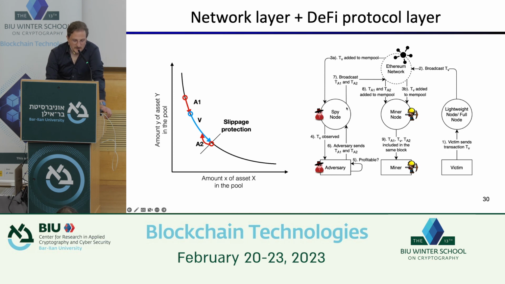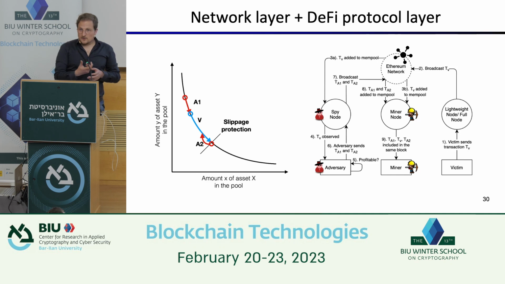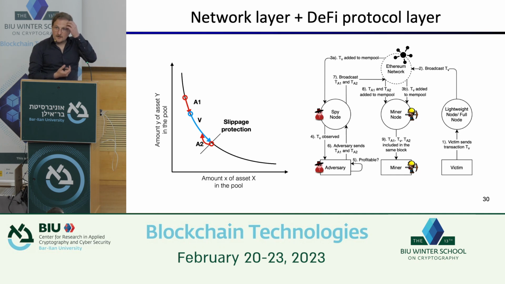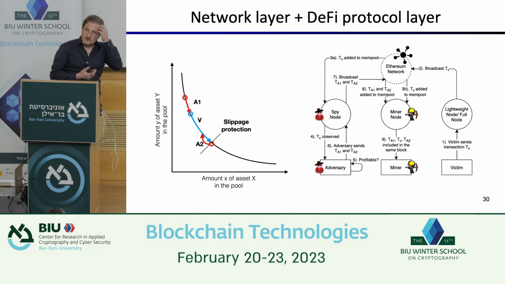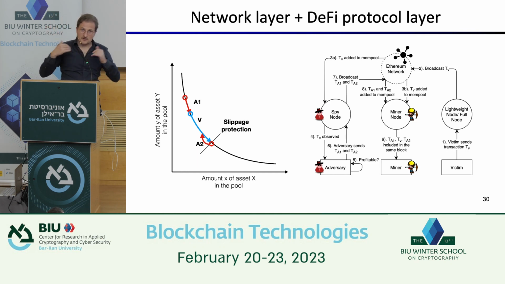What I call here a spy node for the adversary is a node that has more TCP connections than an average Ethereum node. An average Ethereum node has, I think, about 50 TCP connections in the network. If you run a spy node, you may have between 500 to 1,000 TCP connections with the intent to receive transactions as early as possible, right? Every second, or millisecond really, matters here, so that the adversary has time to construct the sandwich and to also send out the sandwich.